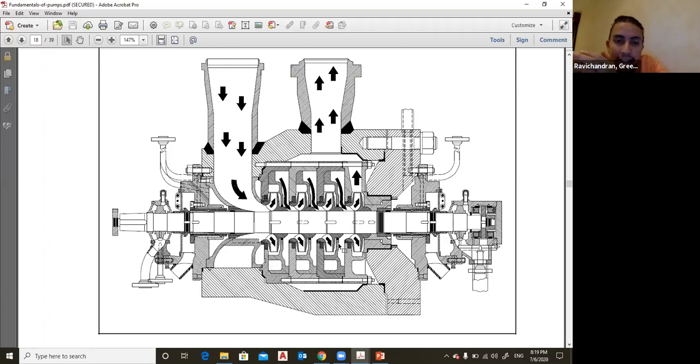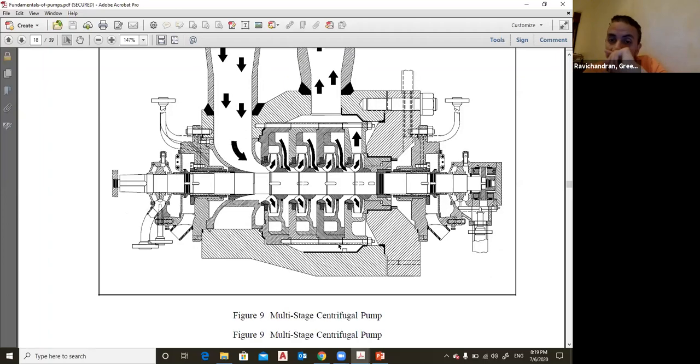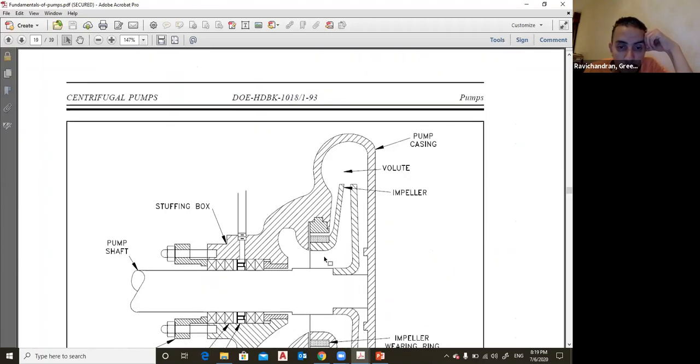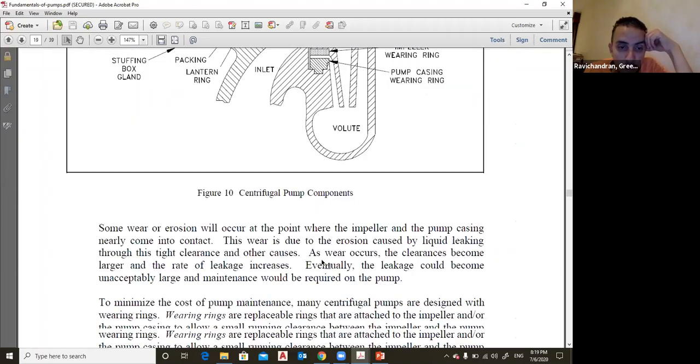The flow is the same, as the continuity equation says, in equals out. So the main function of multi-stage centrifugal pumps is to increase the pressure and obtain high pressure, because there is no effect on the discharge itself. Important notes here on the components.